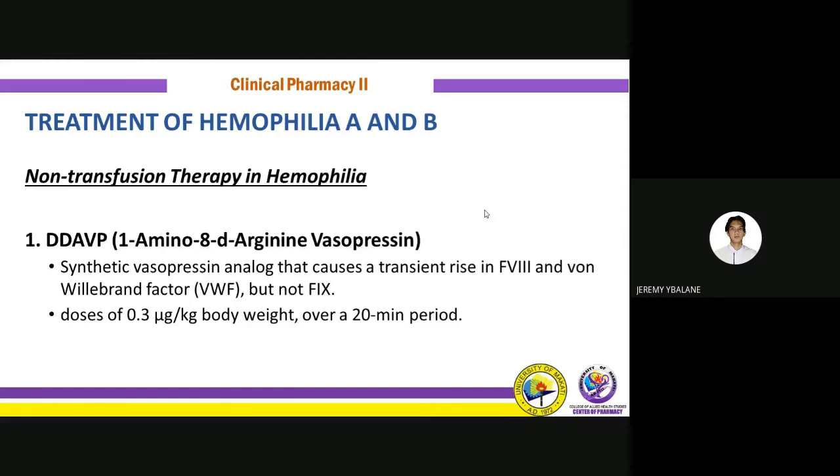DDAVP does not improve factor VIII levels in severe hemophilia A patients because there are no stores to release. Repeated dosing of DDAVP results in tachyphylaxis because the mechanism is increased release rather than de novo synthesis of factor VIII and von Willebrand factor. Next slide, please.